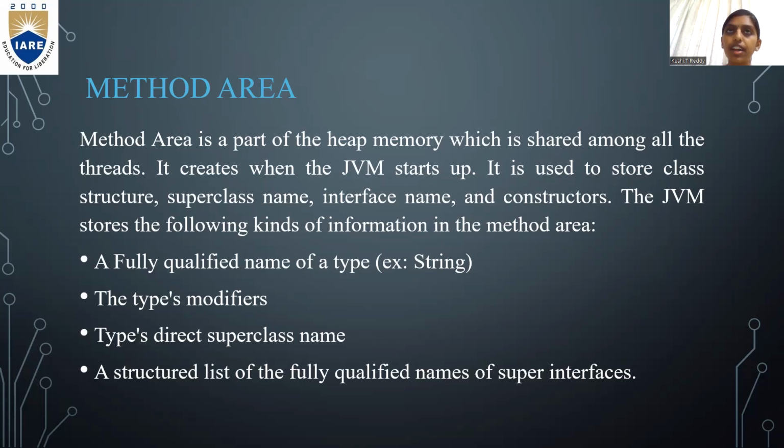Generally names come under strings, so in the method area we are going to store strings. Next are the type modifiers. It is also going to store direct superclass names. And the last one is a structured list of the fully qualified names of super interfaces. So these are the four things which we are going to store in the method area.